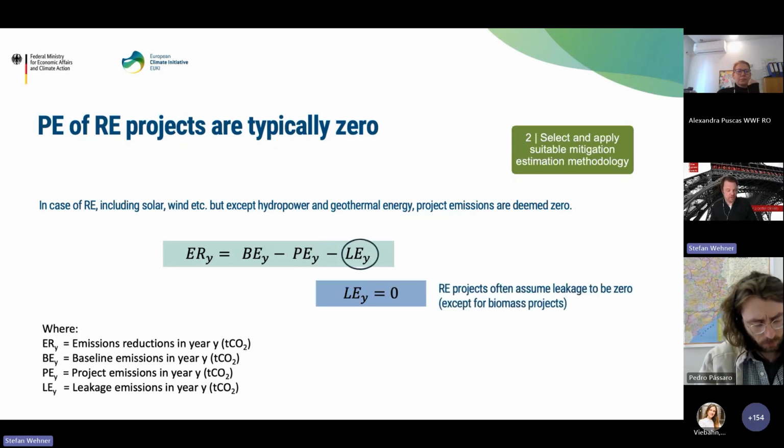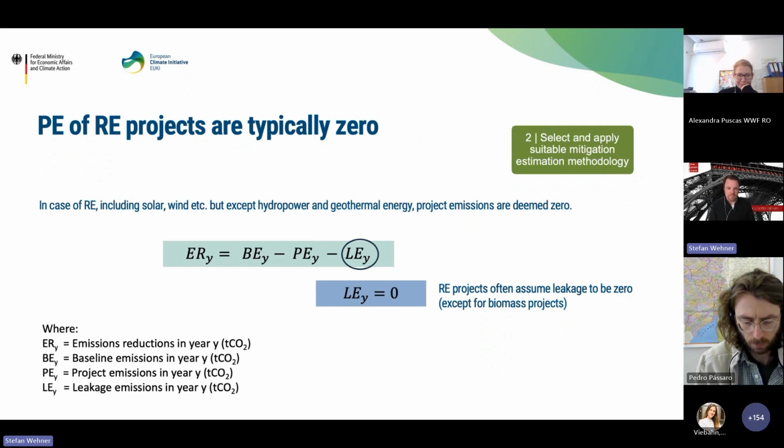In this case, for renewables and PV, leakage is also zero, because we are not replacing any devices that are used elsewhere. For energy efficiency measures, the methodologies advise that we also need to look at what happens with the replaced systems. Are they operated somewhere else? That applies, for example, for energy efficiency, but also for e-vehicles.